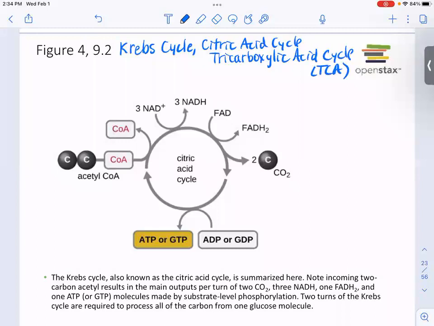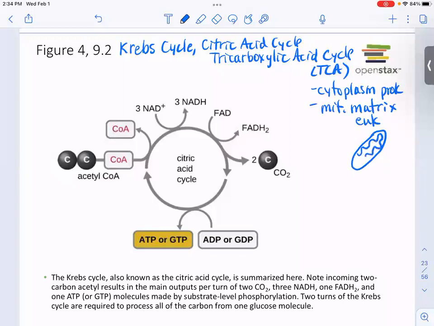Okay, whatever you call it, this is taking place in the cytoplasm for prokaryotes and in the mitochondrial matrix of eukaryotes. So we don't really talk very much about mitochondrial structure, but they have an inner membrane. They have a plasma membrane, and then they have another membrane with these cristae folds.